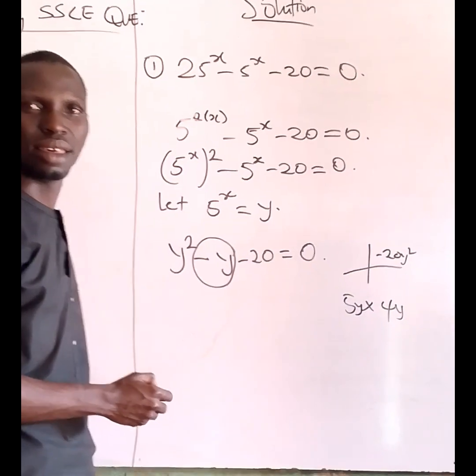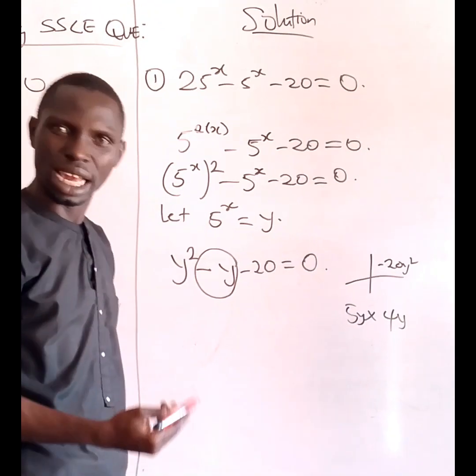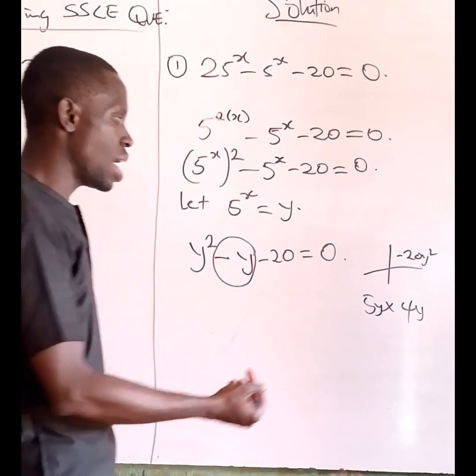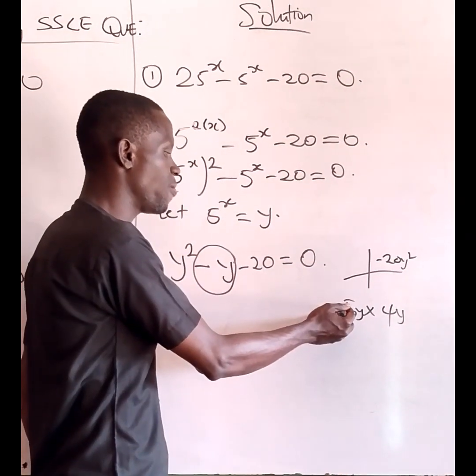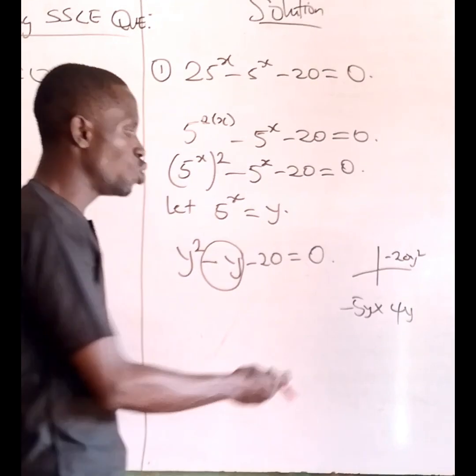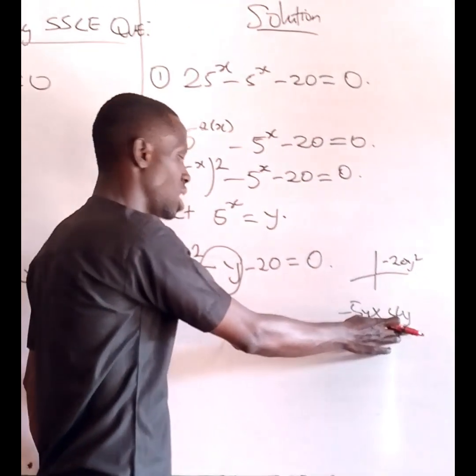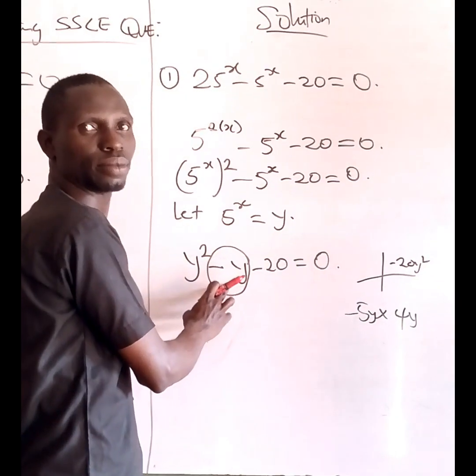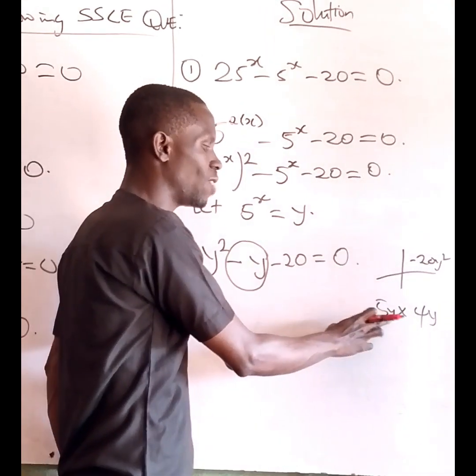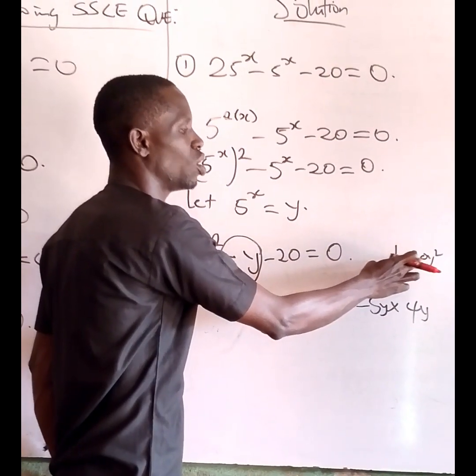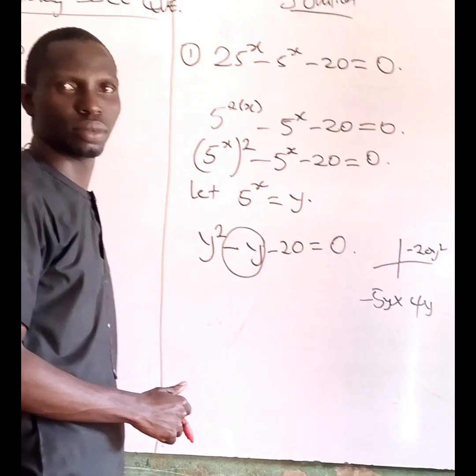Is it positive or negative? As we can see, it's negative. So automatically, our negative is going to be in front of 5. So when you do minus 5y plus 4y, it gives you minus y. Minus 5y times 4y gives us minus 20y squared.